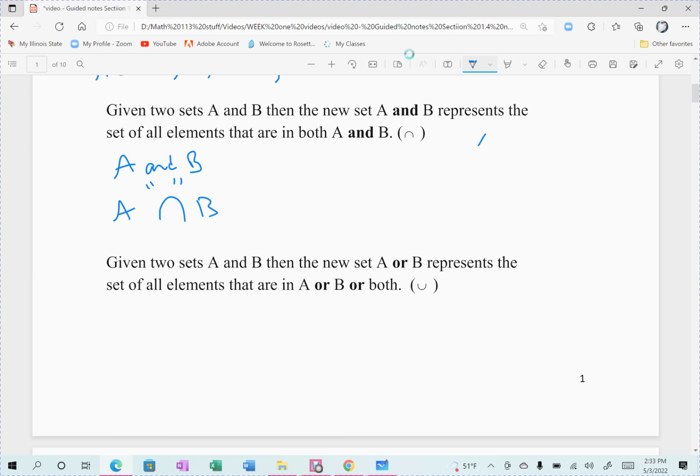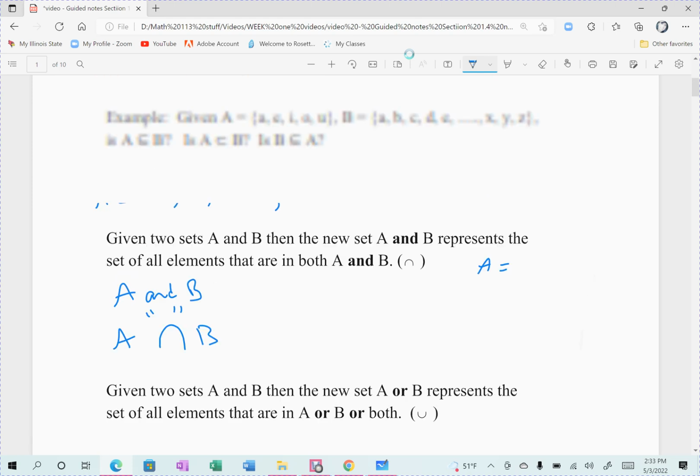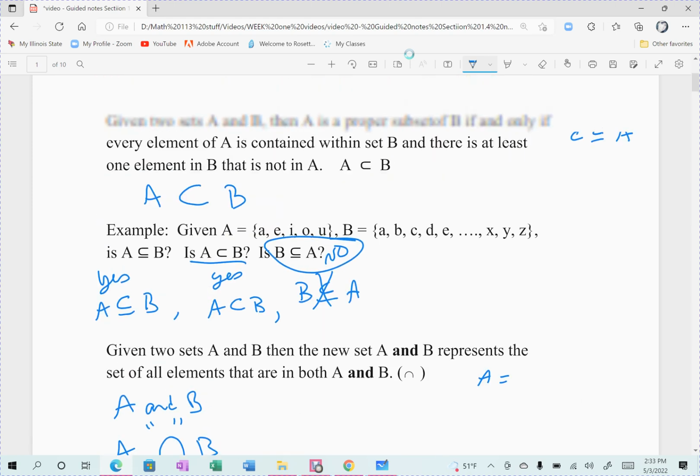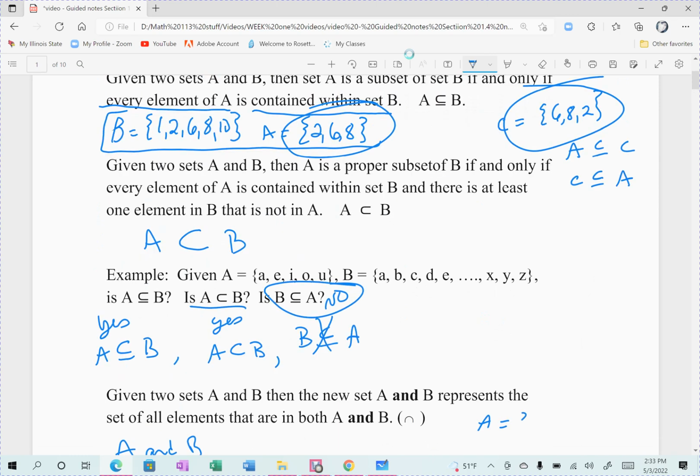And so if I go back to my example that I had earlier, 2, 6, 8 were the numbers in A, and then B was the numbers 1, 2, 6, 8, and 10.